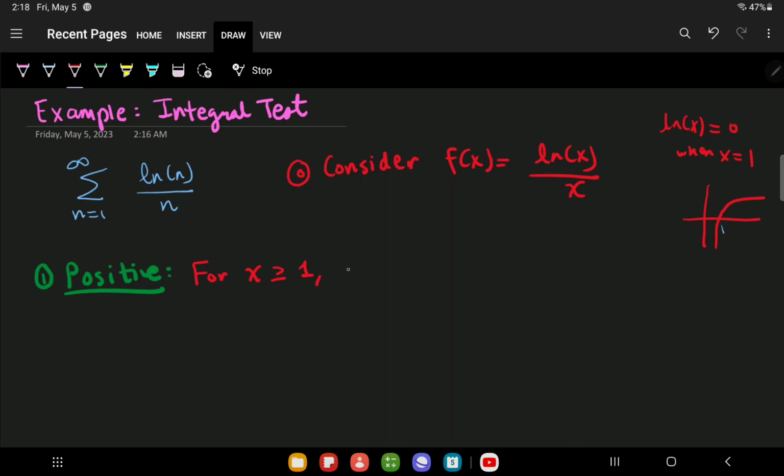We also know that x is positive, and you're dividing two positive numbers, so natural log of x over x is positive for x greater than or equal to 1.